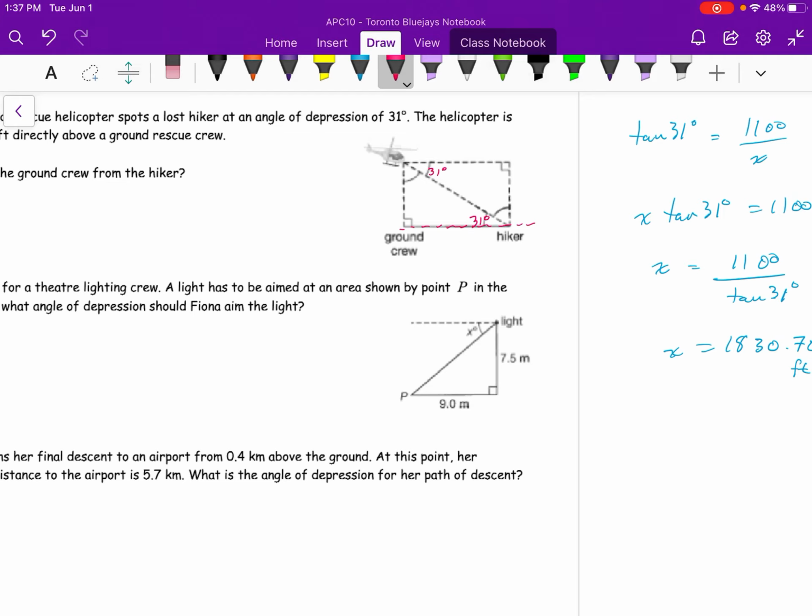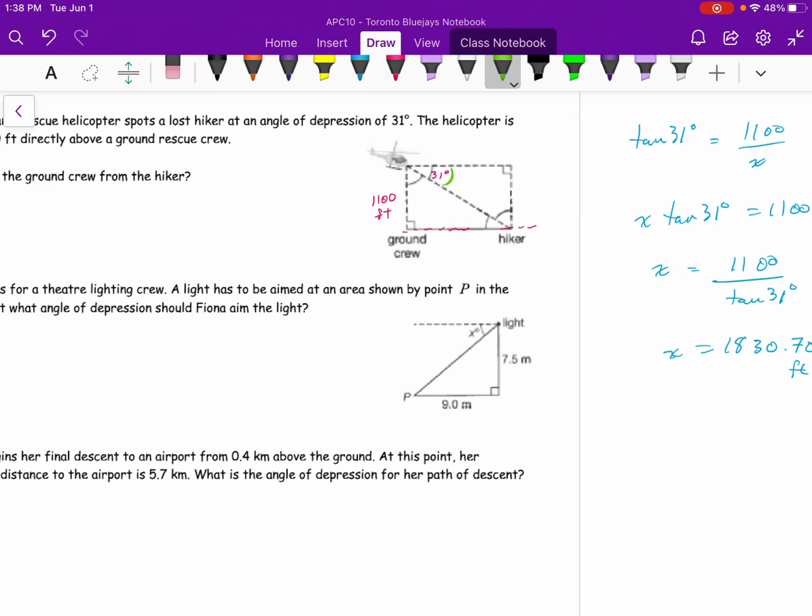But allow me to explain myself. I know that this helicopter is 1,100 feet high. Maybe, just maybe, I'm going to ask myself, well, if this is 31 degrees, how much is the complement, the blue angle?